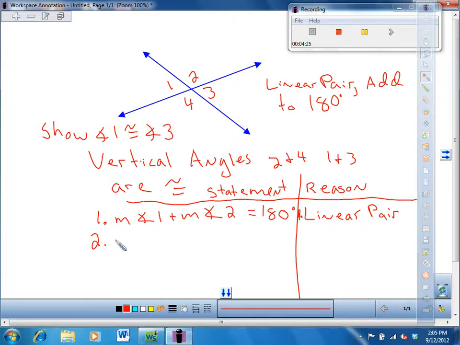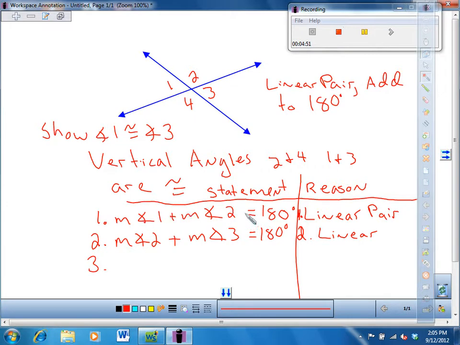Now, what do I know about the measure of angle 2 plus the measure of angle 3? What do those have to equal up to? 180 degrees, okay? Why? Because those are a linear pair as well, right?